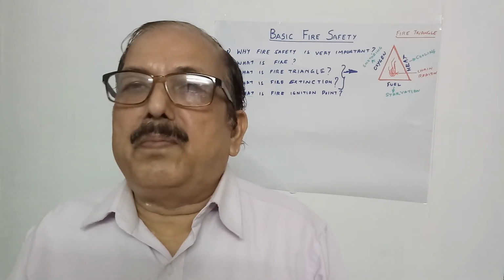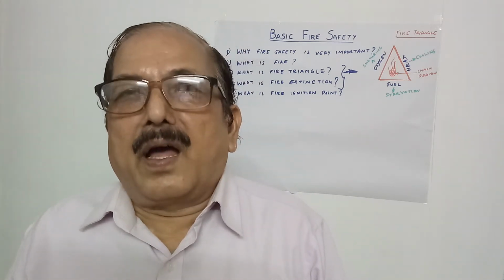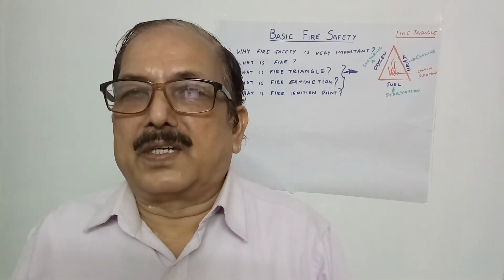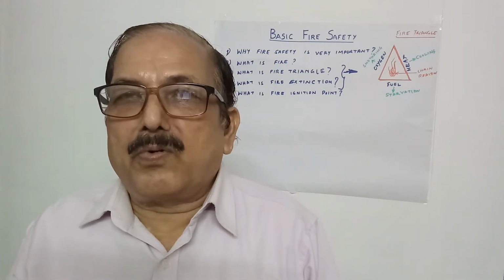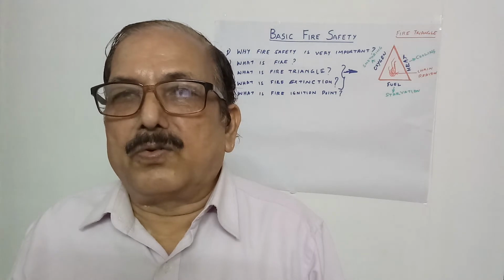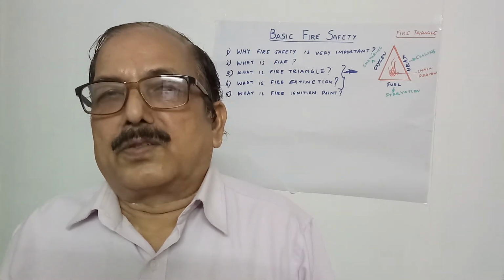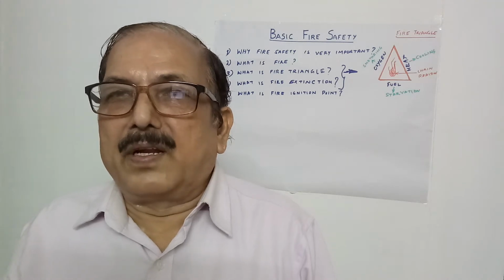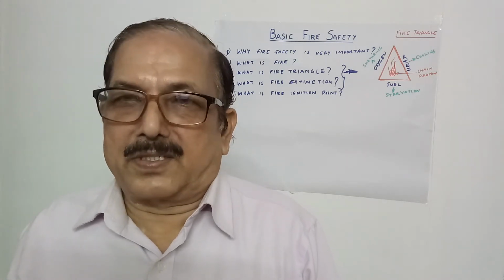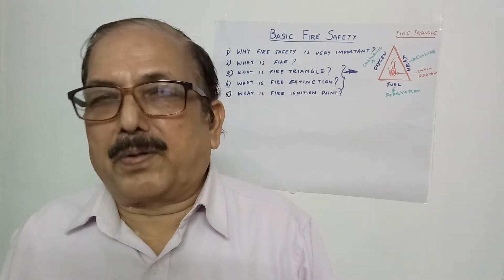So every material has its own ignition temperature. That ignition temperature is known as the ignition point. It is the lowest temperature at which fire can catch on any material. Different types of materials have different ignition temperatures. Even some materials can catch fire at room temperature.